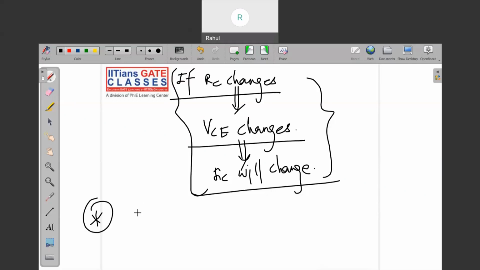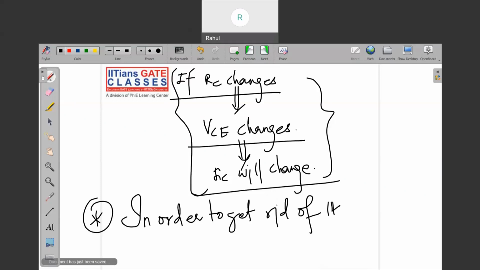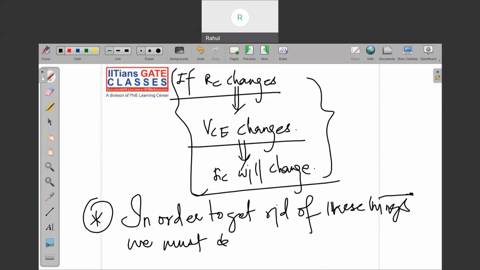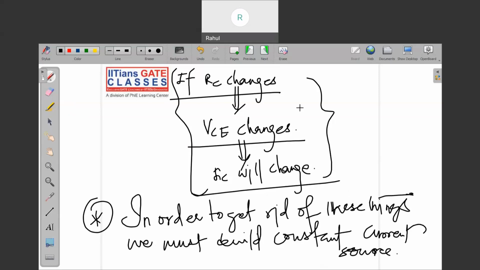So keep in mind, in order to get rid of these things, we must build a constant current source. That's why nowadays loads are also being used as an active load.